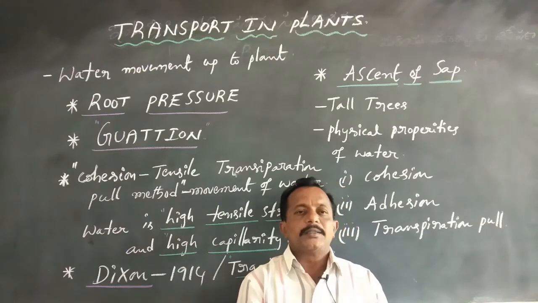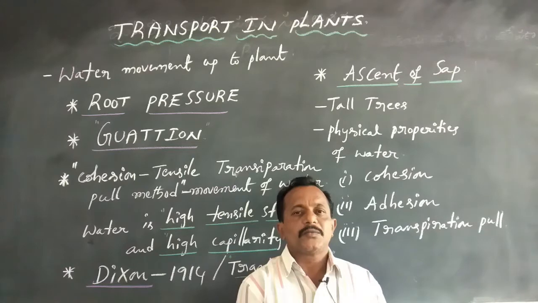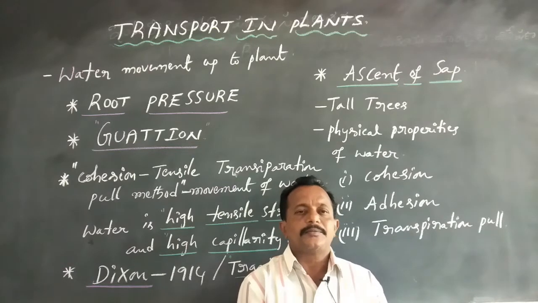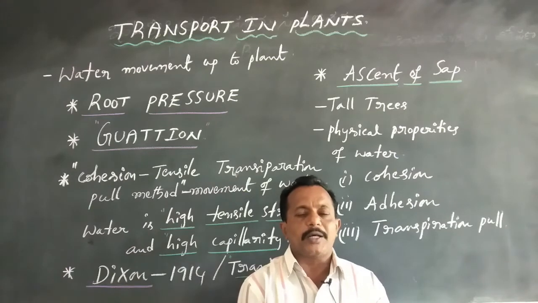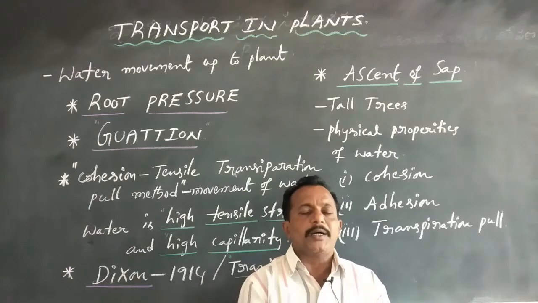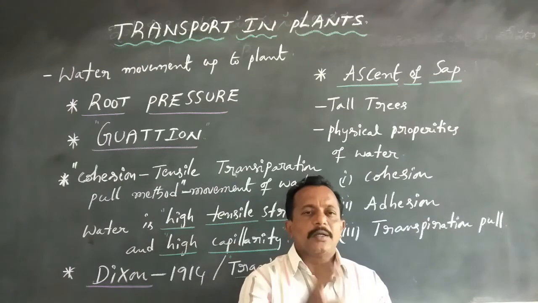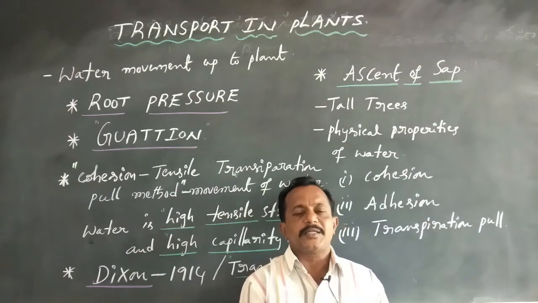And the excess water or removal of water occurs as droplets through the openings, the stomata, near the tips of the leaves.